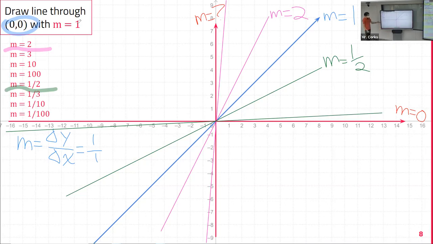So hopefully we can see the pattern that's happening here. If so, m equals 1, kind of 45-degree angle. Think about it that way. That one we can just remember. And from that, if we go this way, what number do we approach? If it was perfectly vertical, it would be undefined.